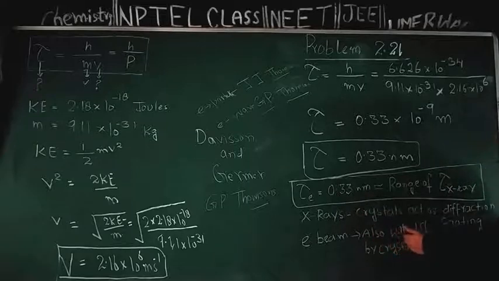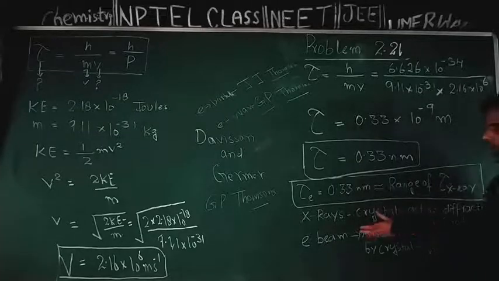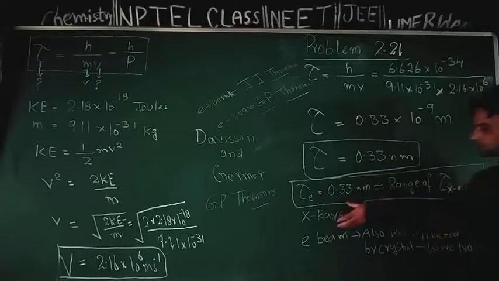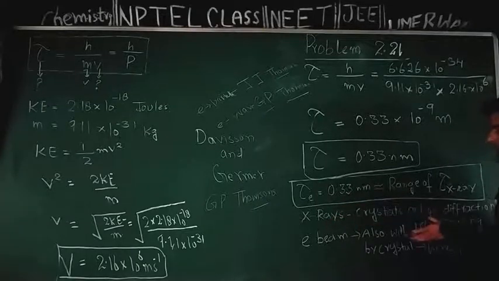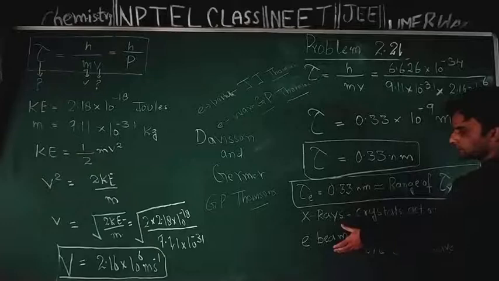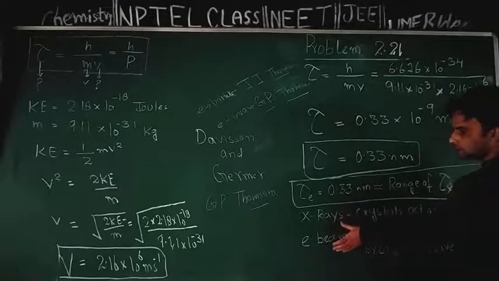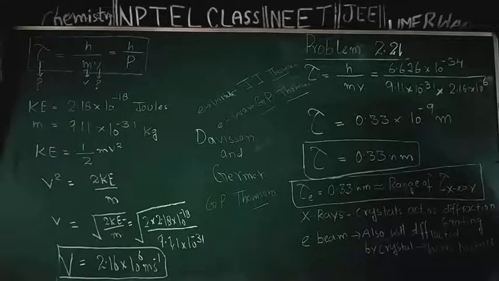If electron beam after interaction with crystal will also be diffracted by crystal, then we will say electron beam showed same nature as was shown by X-rays. Crystals diffract X-rays. If crystals also diffract electron beam, then we will say that electron beam showed same nature as X-rays. As X-rays have wave nature, electron beam will also show wave nature.